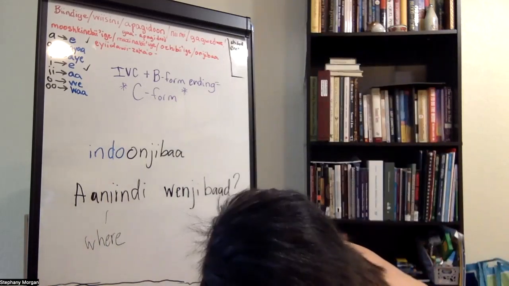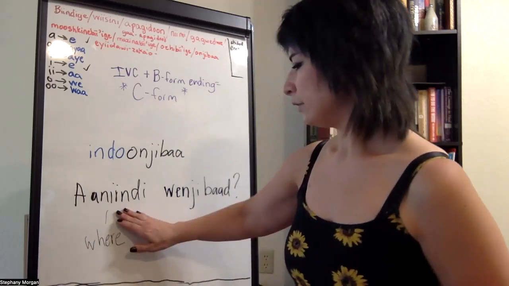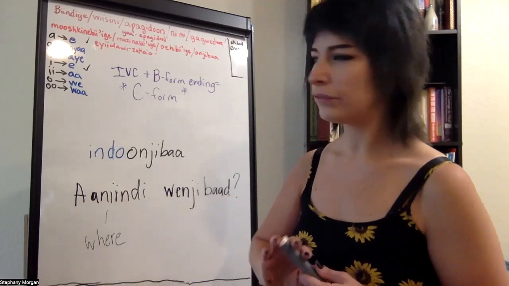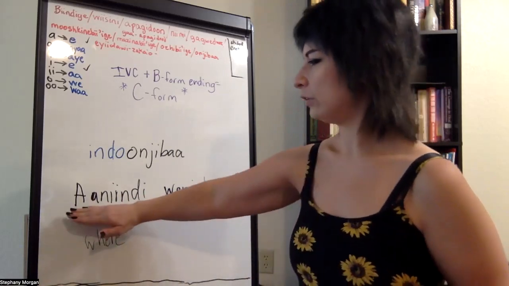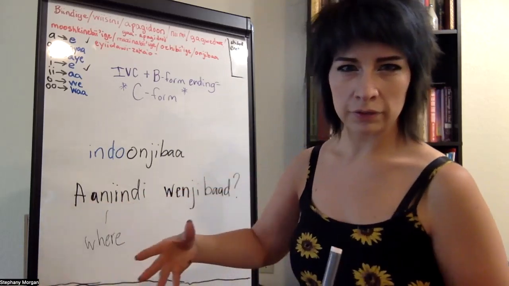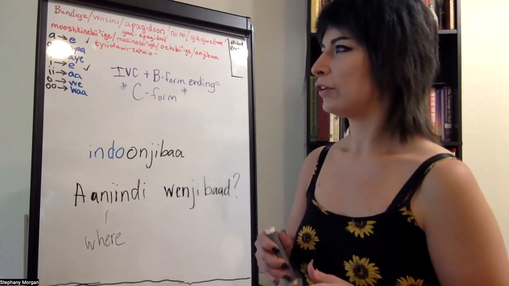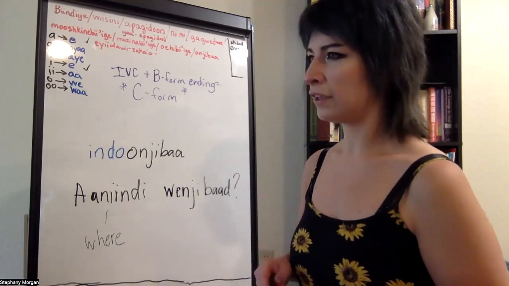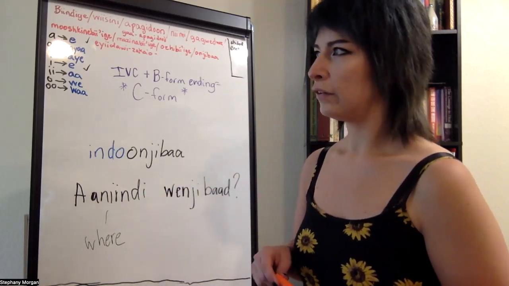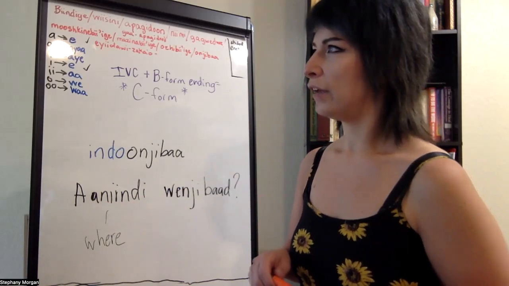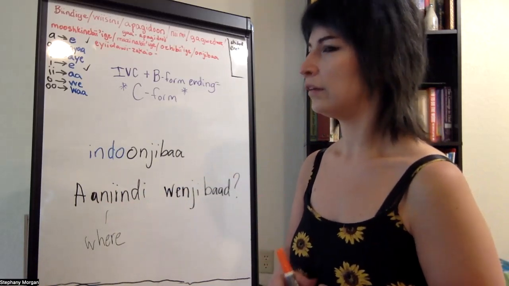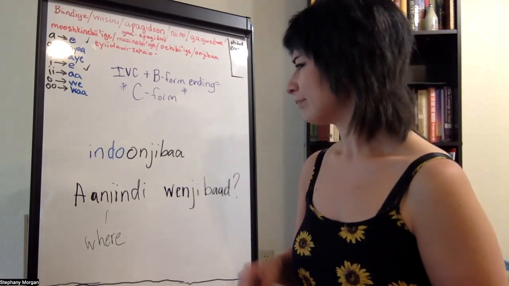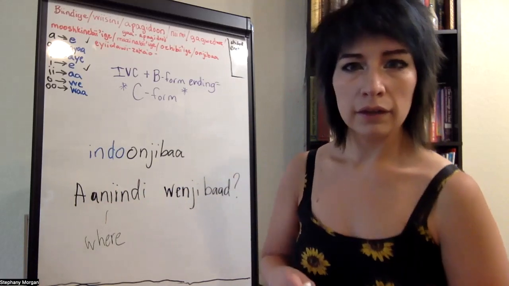We look at this and go, okay, Anindi, where, that's an A question. We haven't gone over this yet. I think I mentioned it briefly in our B form lesson, but certain words are B form introducers. So like if you have where, what, why, or how, which is Anindi, or who, a wenen, Anin, let's see, Anina P, when, or Aniwenji, why.